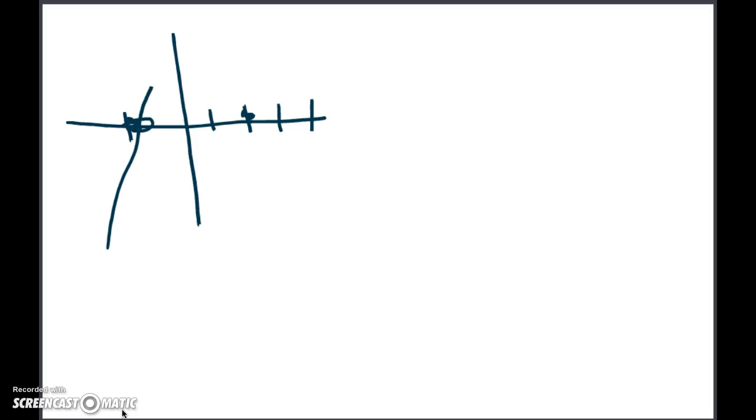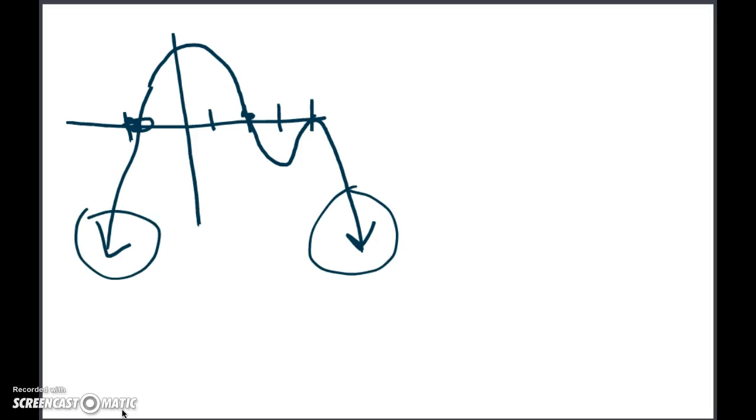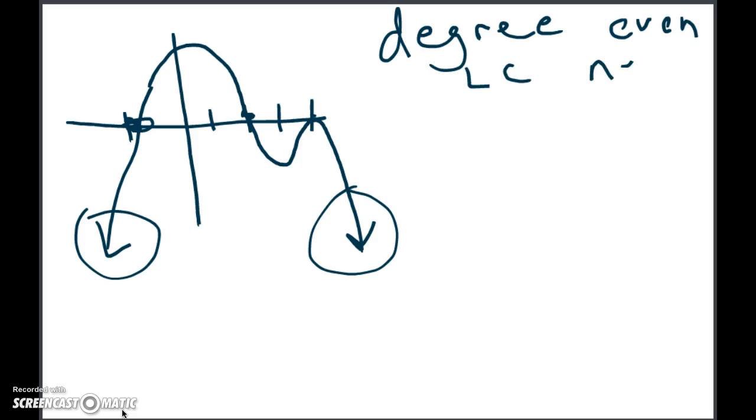This is not easy to do with these styluses, or styli, it's a stylus. So this graph looks like this, sort of like the state of Michigan. I look at that, and because of the end behavior, I know the degree is even, and I know the leading coefficient is negative.